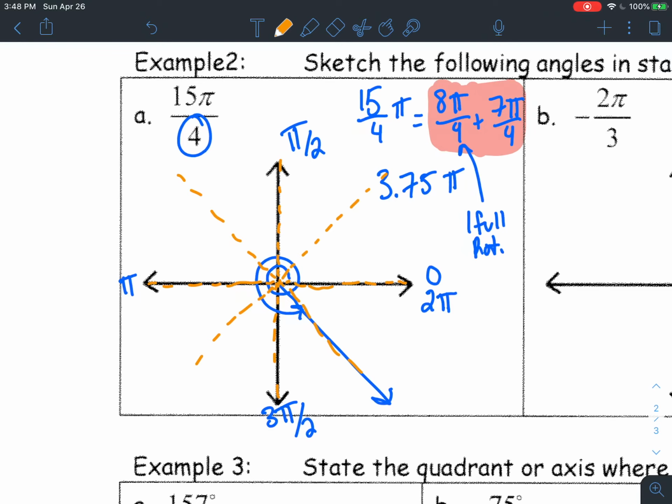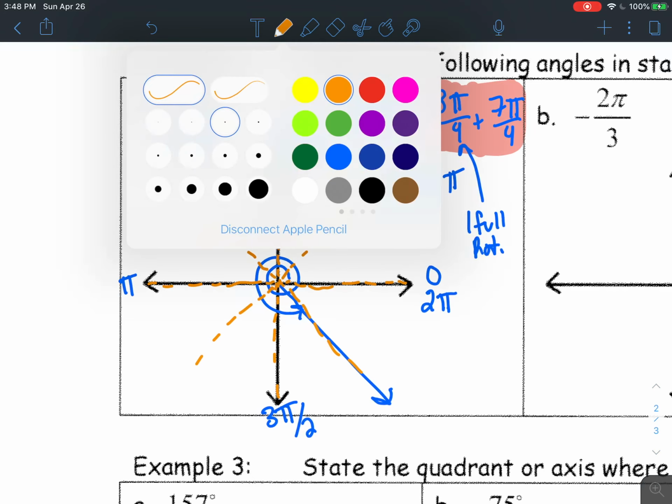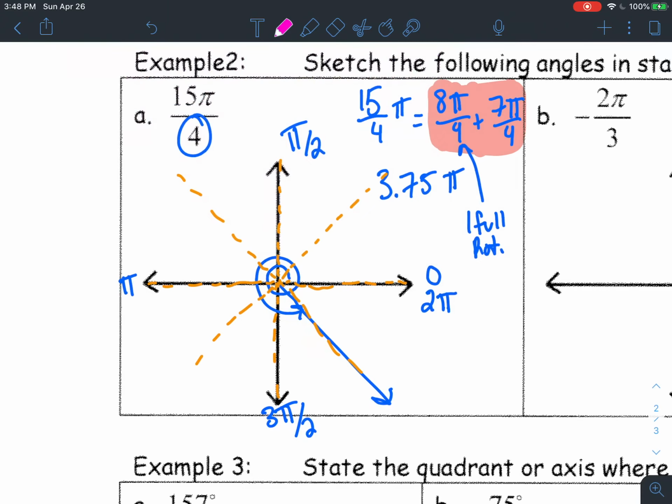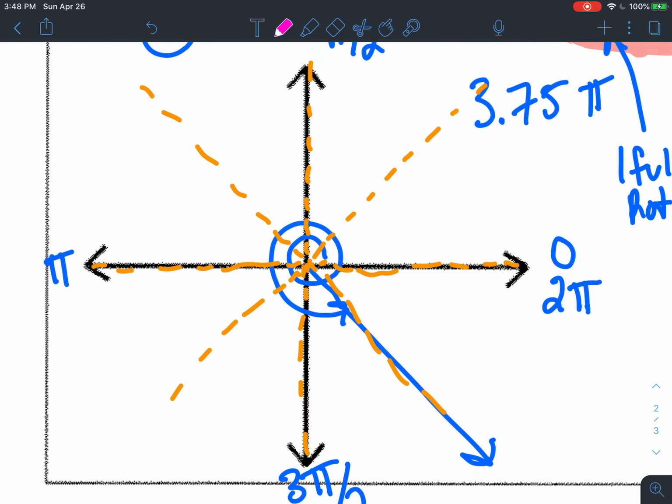So as you can follow along, I'm going to trace over this blue spiral that I had. My initial piece, and I'm going to switch to something a little easier to track. Let's see how pink shows up, and I'll zoom in. So since I'm trying to go 15 pi over 4s, this first piece would be 1 pi over 4, 2 pi over 4, 3, 4, 5, 6, 7, 8 pi over 4.